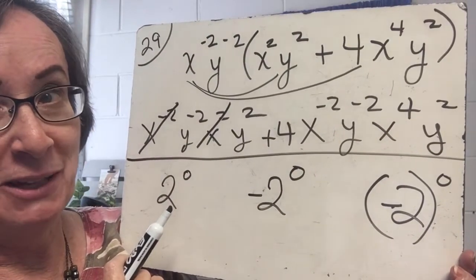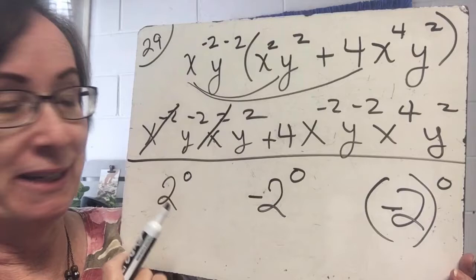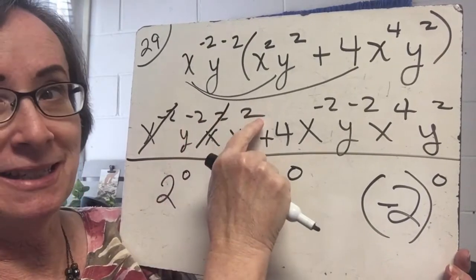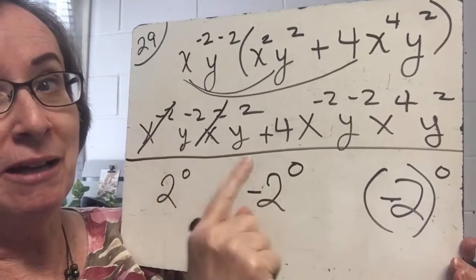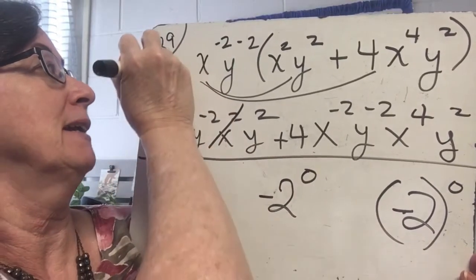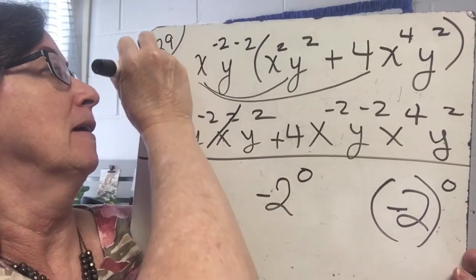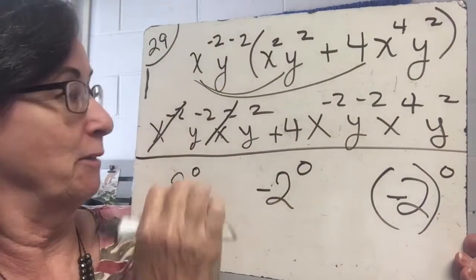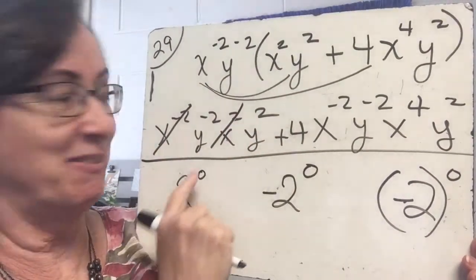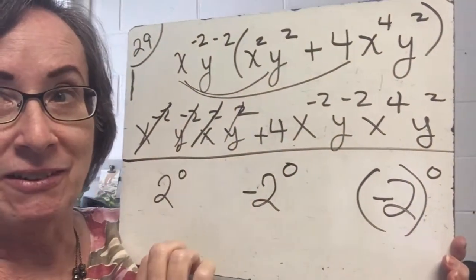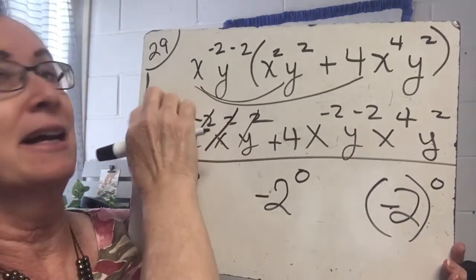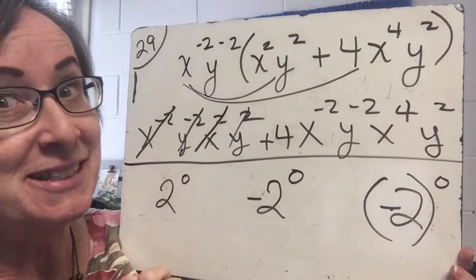Well, aren't they going to turn into 1, right? Negative 2 plus 2 is 0, so y to the 0 is 1. Now, I'm not going to cross that out without writing down the 1, because it was really 1 times 1, right? Because this turned into 1, and now this turned into 1, and they're all multiplied together, so it's 1 times 1 is 1. I can't lose the 1.